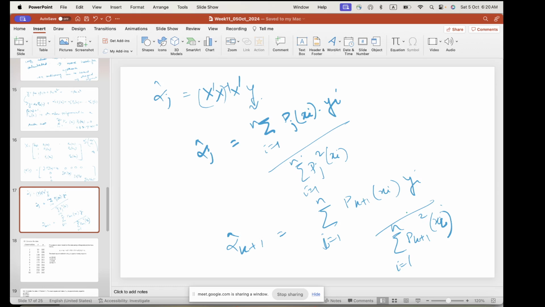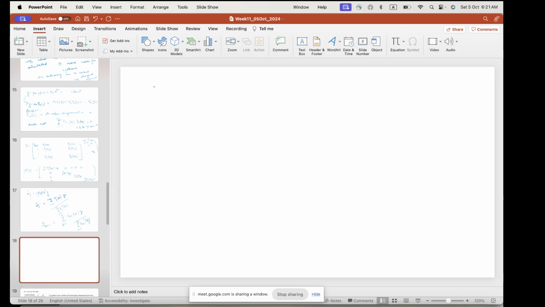Alright, so if alpha j is this thing, then variance of alpha j will also be sigma square into x prime x inverse. So this would be sigma square by summation pj square xi, I equal to 1 to n.